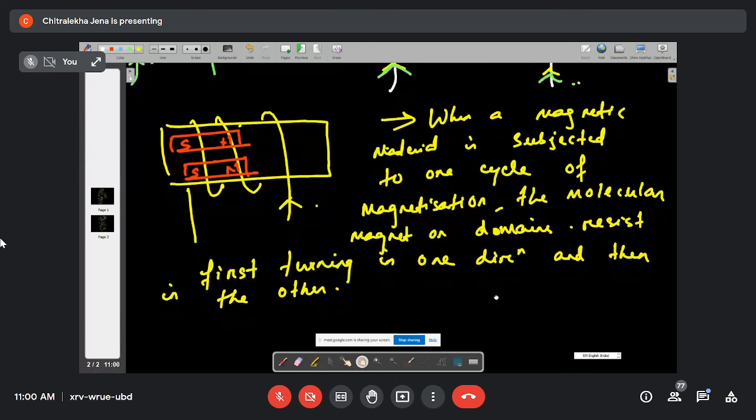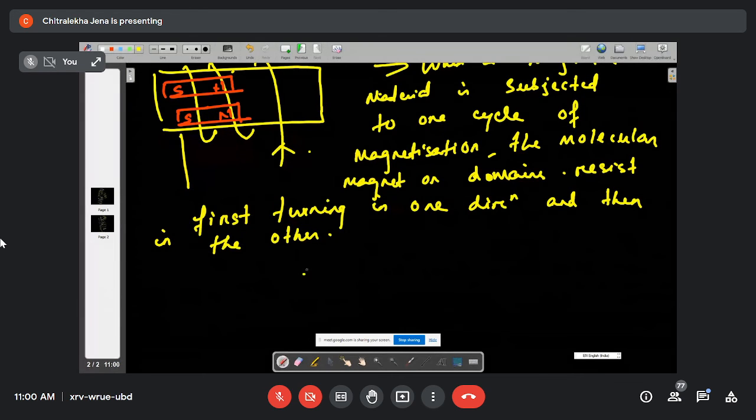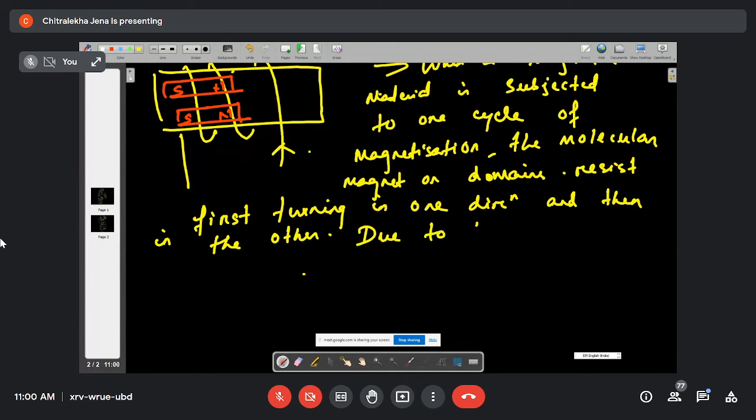Okay. Due to this magnetic inertia, a loss occurs in the form of heat.